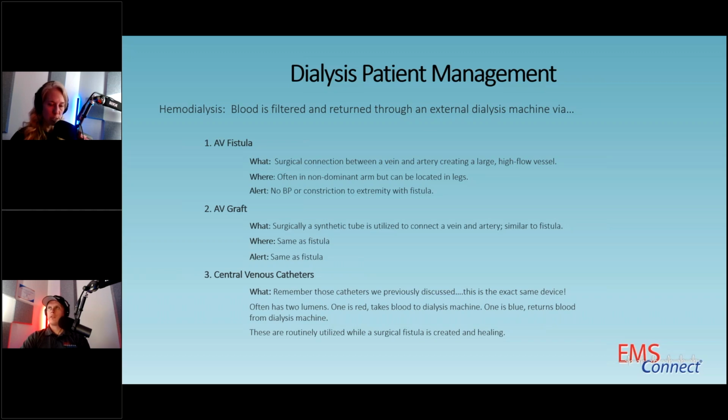It's just that simple: the large bore central catheter with two hubs, blue and red, alerts you that it's specially surgically implanted for dialysis. That access is usually what's reserved for cardiac arrest. When they're arresting, you can usually get permission from your medical director to use that site for administering any medications or drugs.